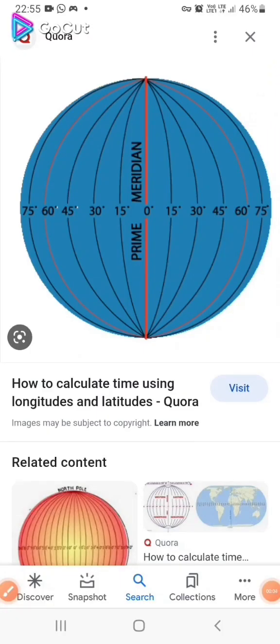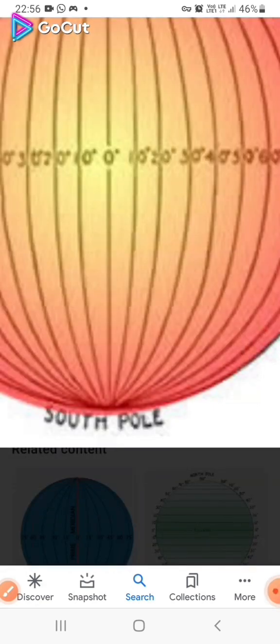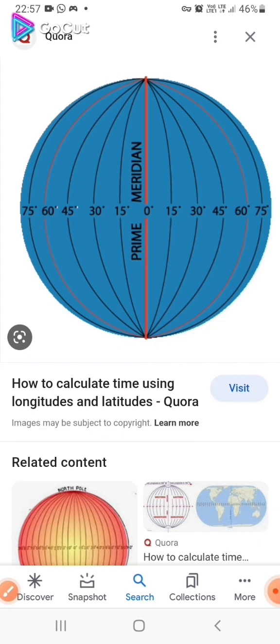Longitudes help us to calculate the time of a place. We know that there are 360 longitudes drawn. The difference between longitudes is 1 degree, and in a day there are 24 hours. As you know there are 360 longitudes drawn on the globe.